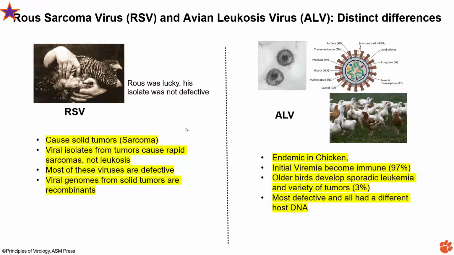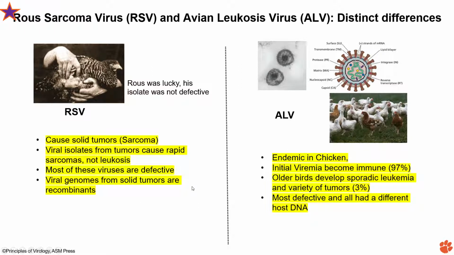And let's see. So one of the most important parts that we are just going to see in the next couple of slides is the major difference between this Rous sarcoma virus and the avian leukosis virus.